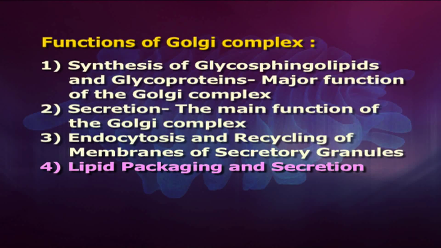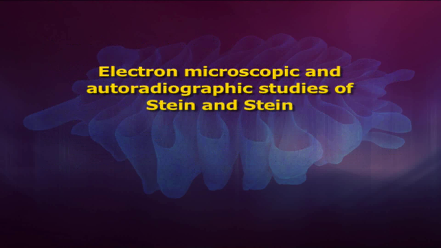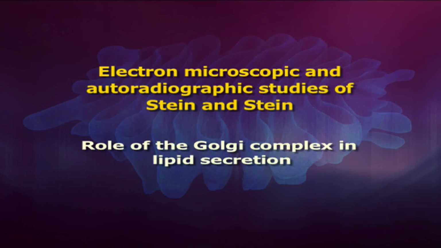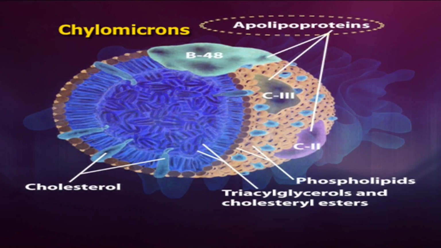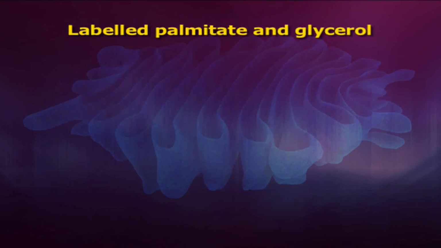Lipid packaging and secretion. The electron microscopic and autoradiographic studies revealed the role of the Golgi complex in lipid secretion. Fatty acids and monoglycerides are used in the synthesis of lipids. The epithelial cells of the intestine secrete chylomicrons which contain lipids in the form of lipoproteins.